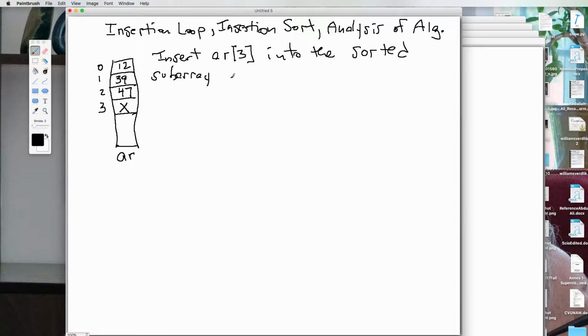Remember, we made up this notation. We said that AR from 0 to 2, such that after we insert it, the subarray from 0 to 3 is sorted.